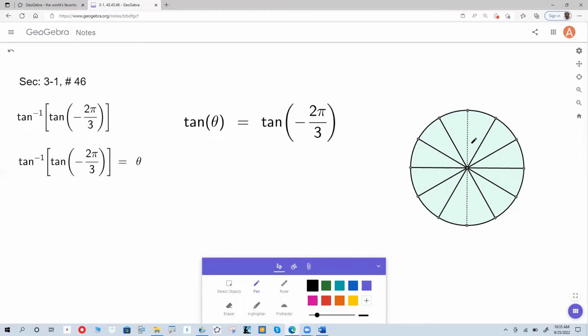Okay, remember this is a regular unit circle for 30-60. This is pi over 3, negative pi over 3, negative 2 pi over 3. So I'm here.